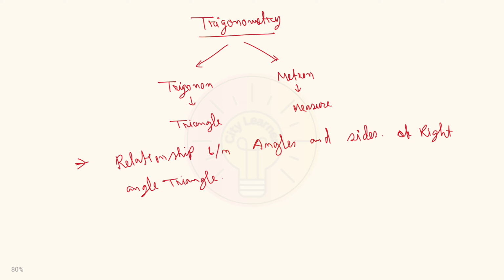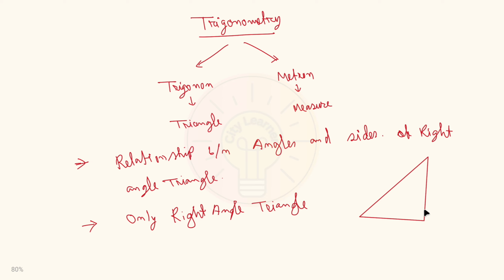If it is not a right angle triangle, we cannot apply the trigonometric formula or trigonometry. So this is a right angle triangle ABC where angle B is 90 degrees. In any right angle triangle we can use trigonometric formulas.